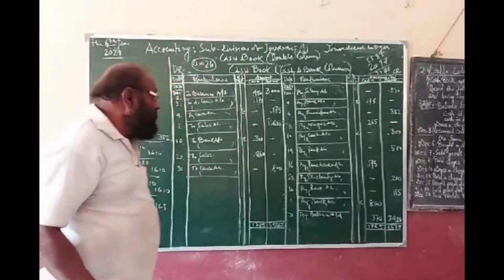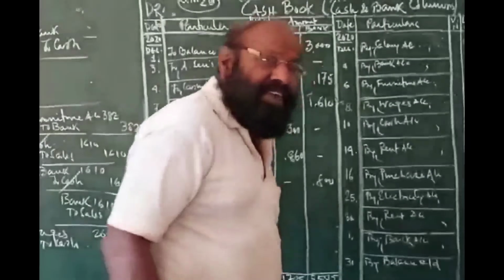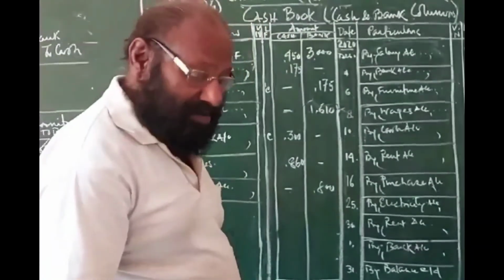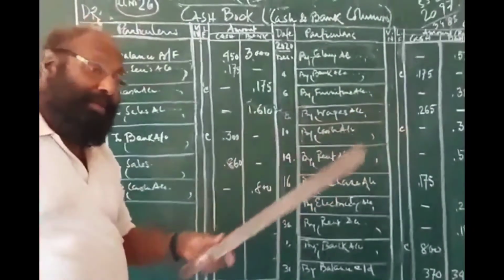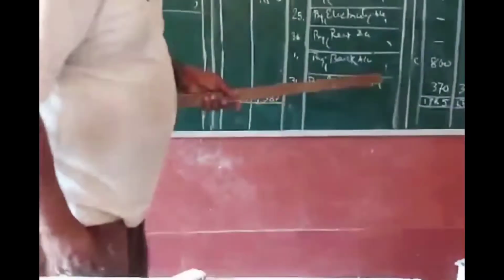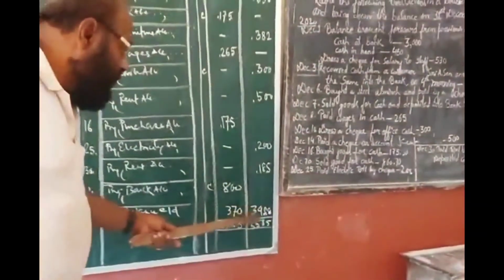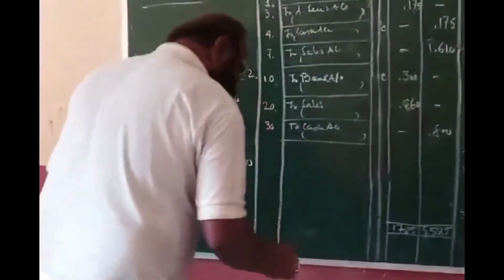Now, after totaling, you are getting this amount. This is the total of the debit side. Generally the debit side is higher than the credit side in case of cash, but in case of bank, it may be debit, it may be credit. And now here it is 5585, and we are getting the balance of 3488. Now this is the balance c/d, and that balance will be brought down over here.